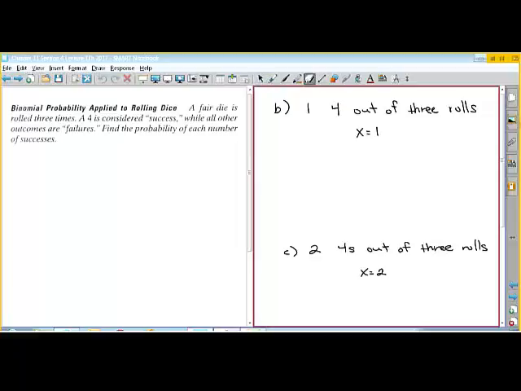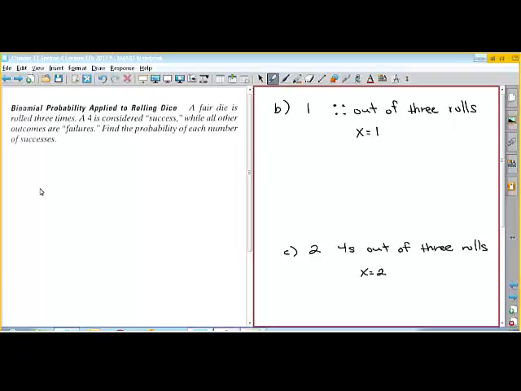And I'm going to, instead of putting a 4 here, put a little 4 little dots so we don't get confused about what we're talking about. So what's the probability of getting one 4 out of 3 rolls?